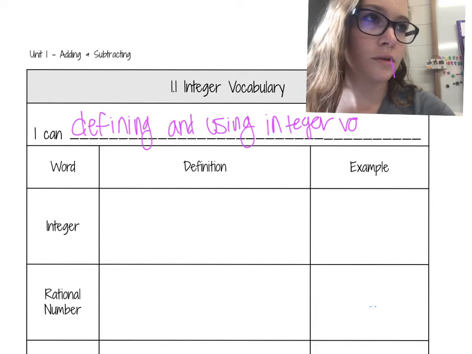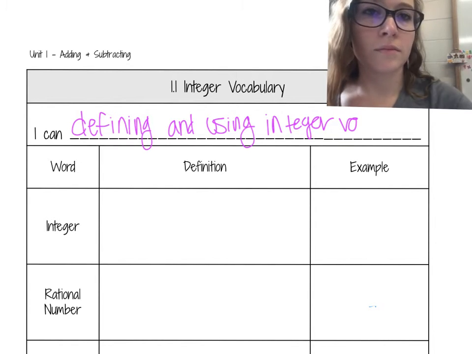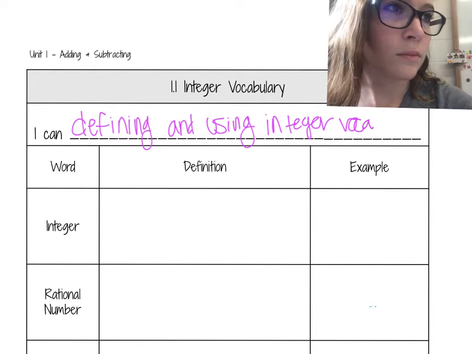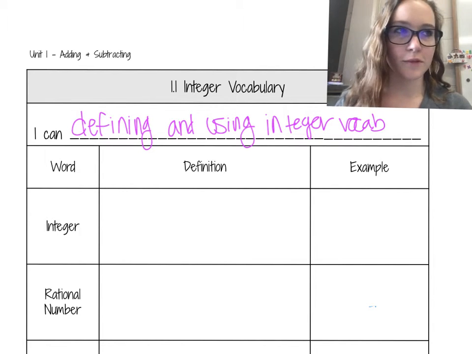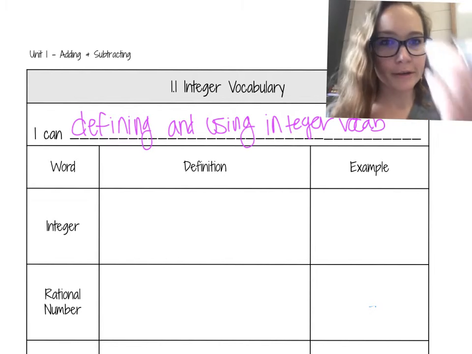Oh no, let me move my video a bit. Okay, that's all I can fit instead of writing on top of my video. So using and defining integer vocabulary.